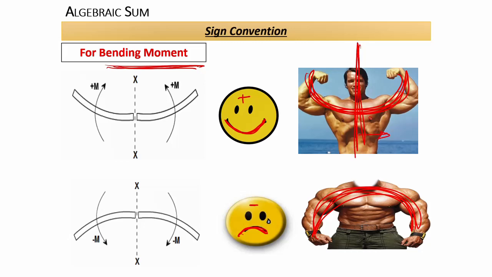Right side your hands are going upward, therefore that is positive. Left side also your hands are going upward, that is positive. If your left side hands are coming down, and right side also hands are coming down, this is a negative effect, and this is a positive effect. These are all sign conventions for bending moment and shear force.